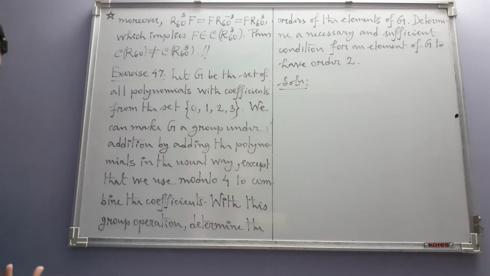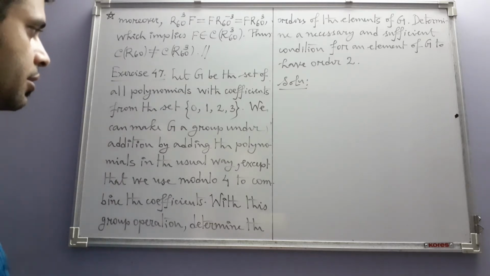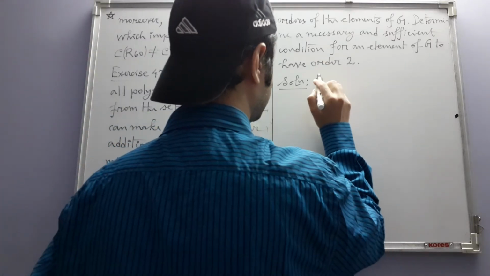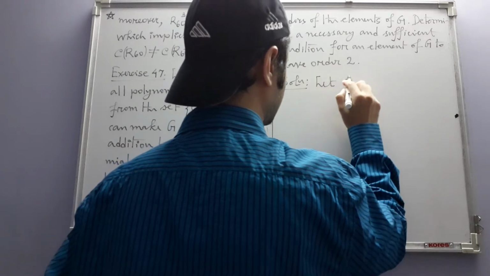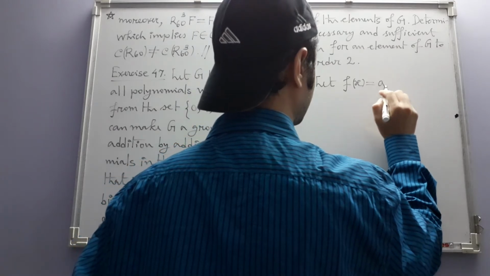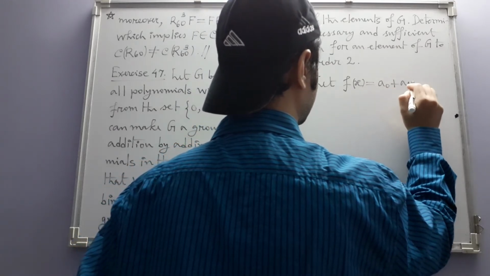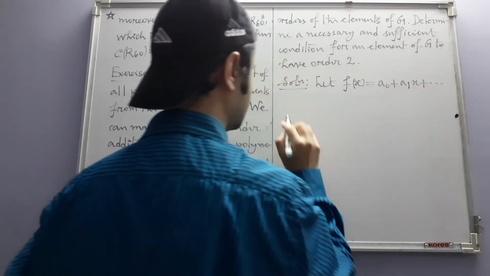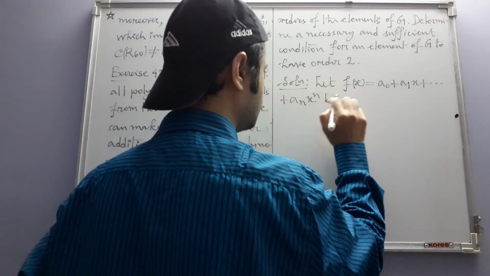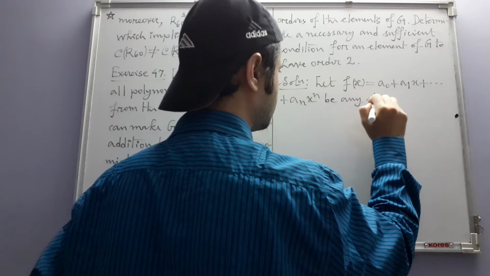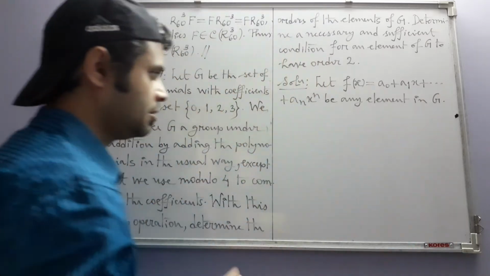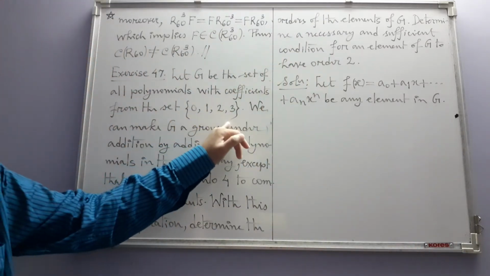Okay, so a general element of G is a polynomial where the coefficients are any one of these 4 numbers. So let f(x) equal to a0 plus a1x etc. plus anx to the power n be any element in G. That means these ai's are actually coming from this set.